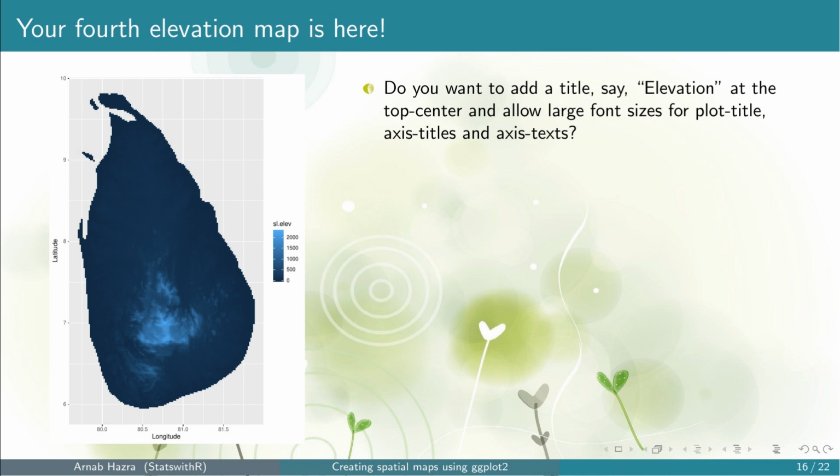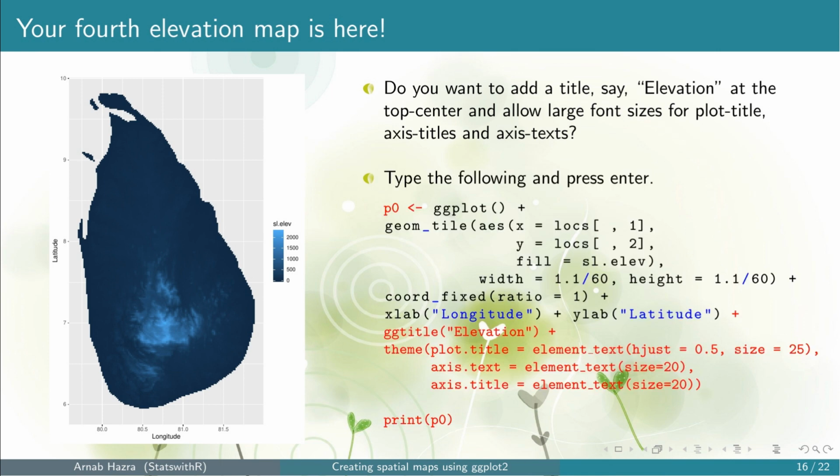Next, suppose you want to add a title, elevation, at the top center and also want to allow large font sizes for the plot title, axis titles and axis texts. To do that, add ggtitle within brackets elevation within quotes. This adds the title. Next, within theme, set plot.title equals element_text, hjust equals 0.5.